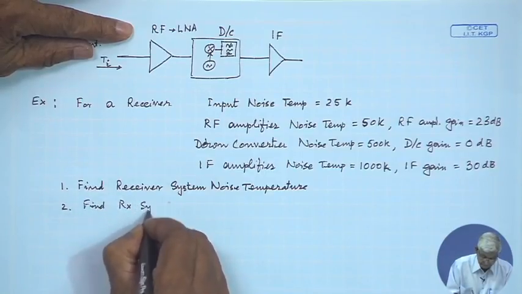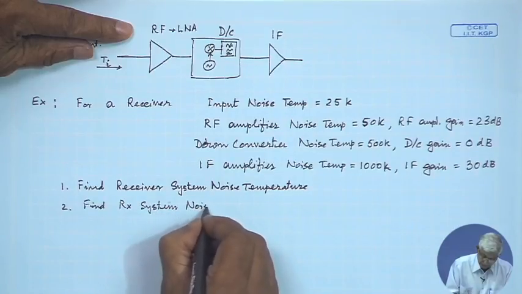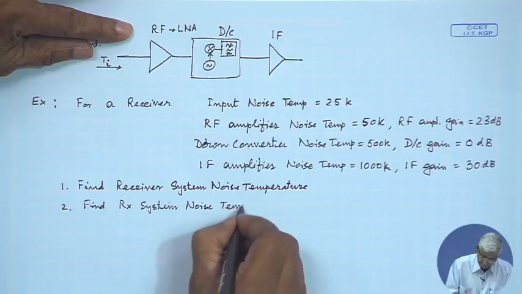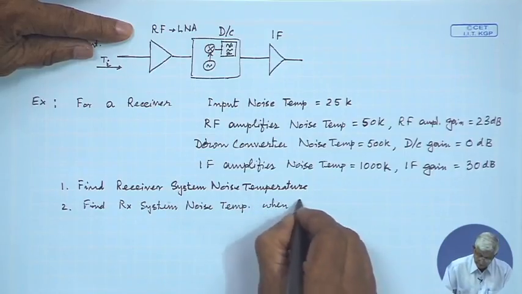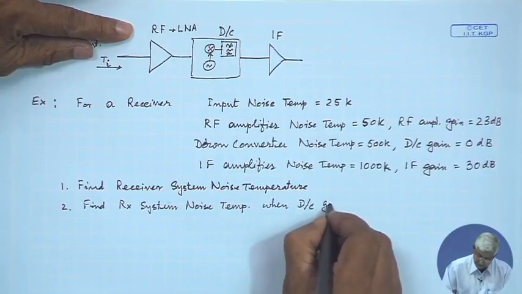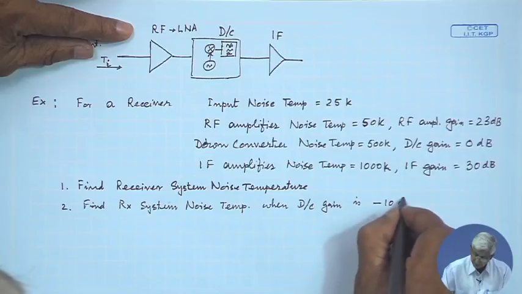So, for the second case, find the receiver system noise temperature when the down converter gain is minus 10 dB.